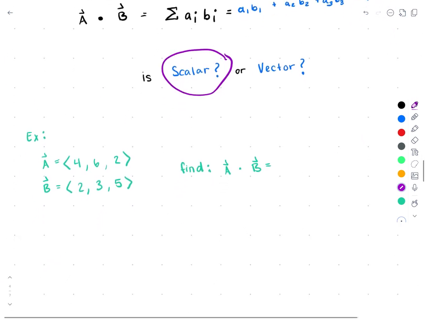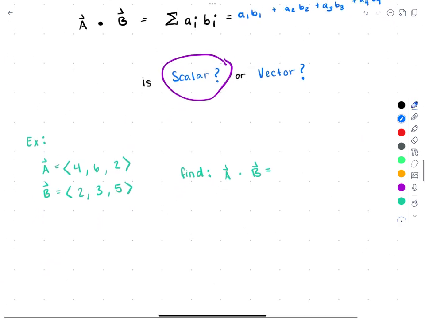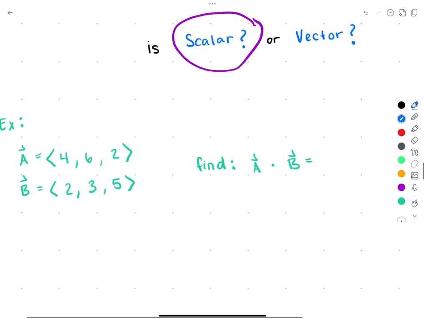So now we're going to look at an example. I have vector A, which is represented by 4, 6, and 2, and then I have vector B, which is represented by 2, 3, and 5.